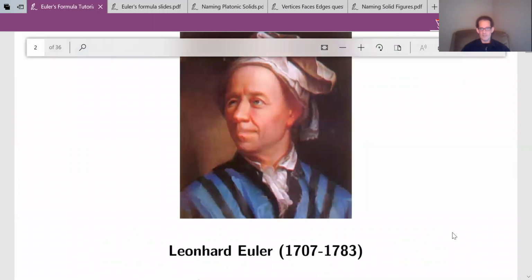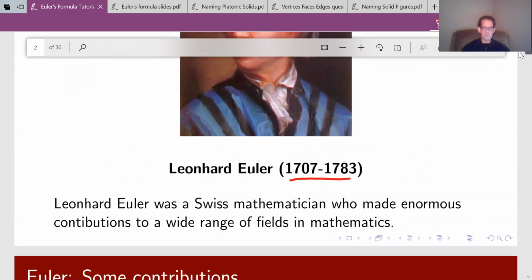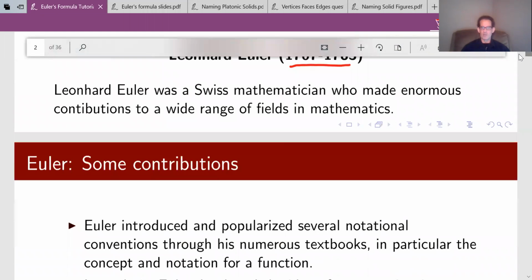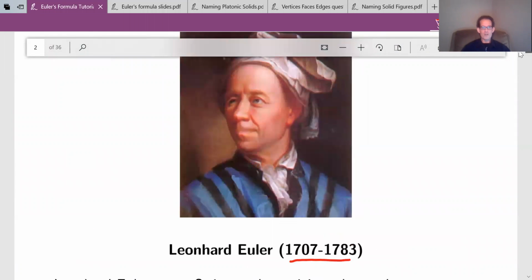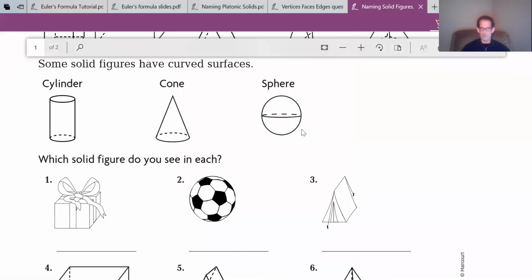This is Leonhard Euler, and he lived in the 1700s mostly, and he was a Swiss mathematician who realized that there was a relationship between edges, faces, and vertices. And so we are using this man's research hundreds of years later today in mathematics, and that just kind of gives you a background of who he is and why he's important.